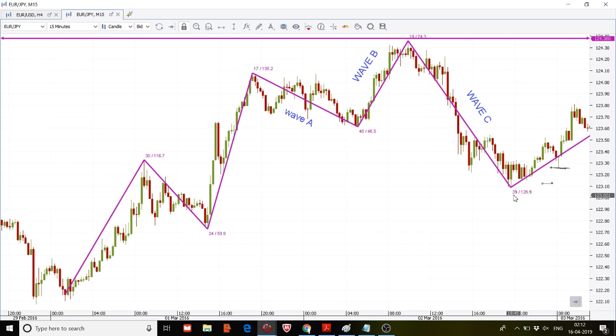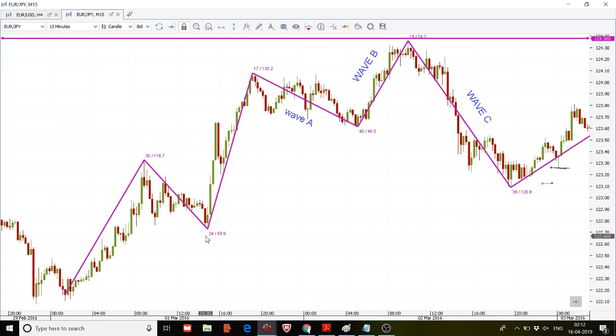With the stop loss below this level or below these levels, because as per our other technical knowledge, the stop loss should be below the previous support if you are looking for a long trade. So we will need to keep the stop loss below these levels.